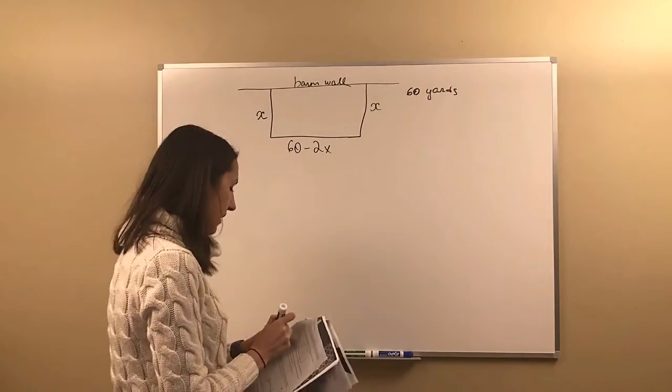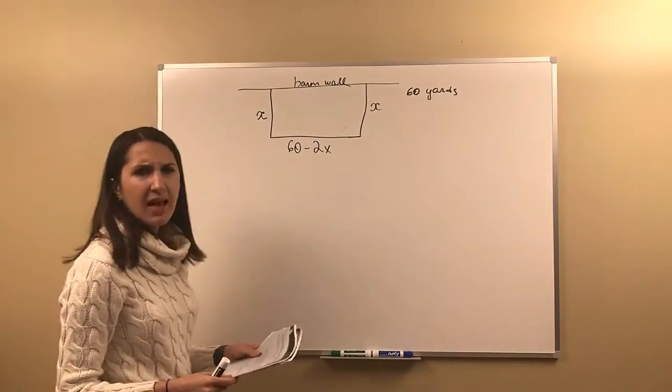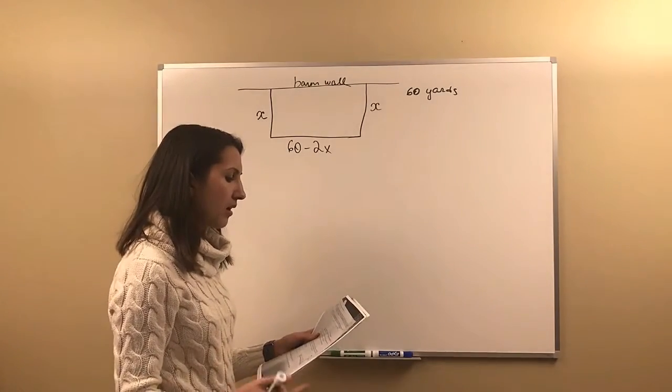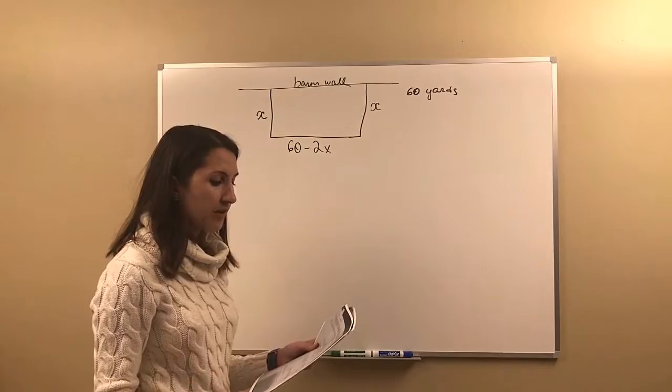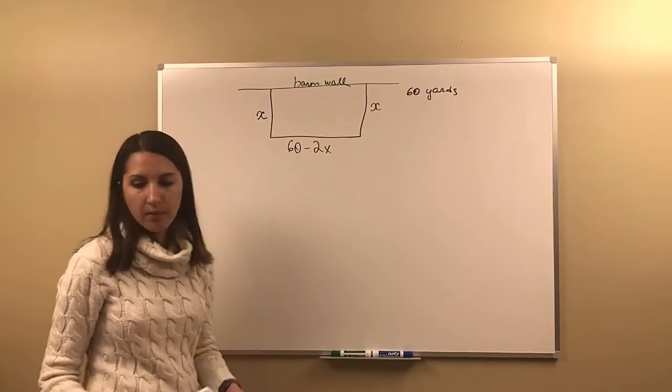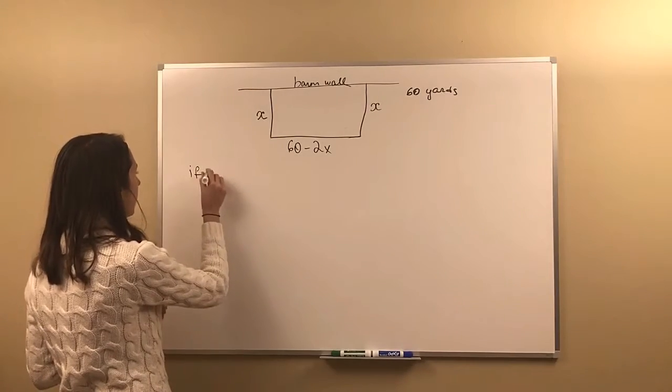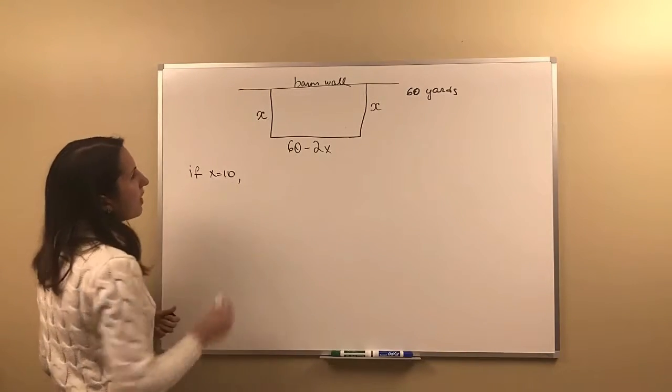So now the second task: if X equals 10, what is the other dimension of the dog pen and the area of the dog pen? Alright, so if X equals 10, we need to find the other dimension.